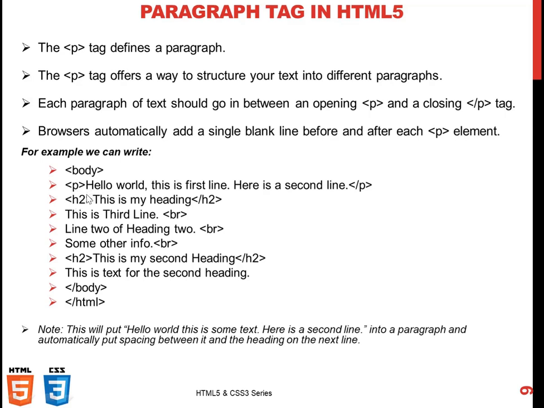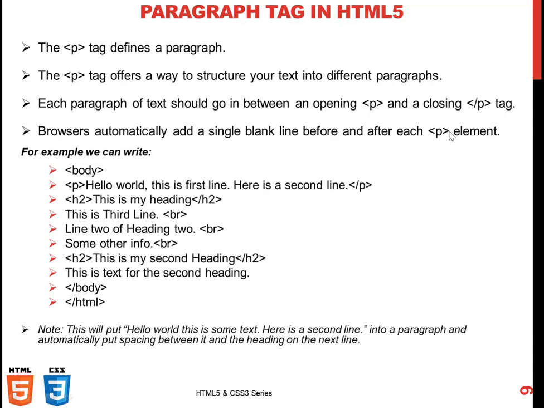So let's do the practical of this code that you can see here. The note says this will put hello world, this is some text, here is the second line, into a paragraph, and automatically put spacing, as we just covered, between it and the heading on the next line.